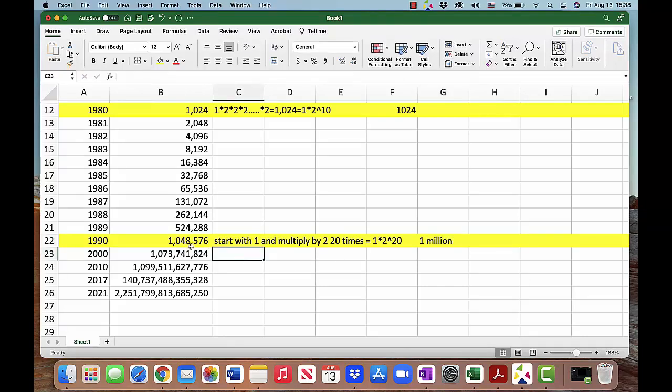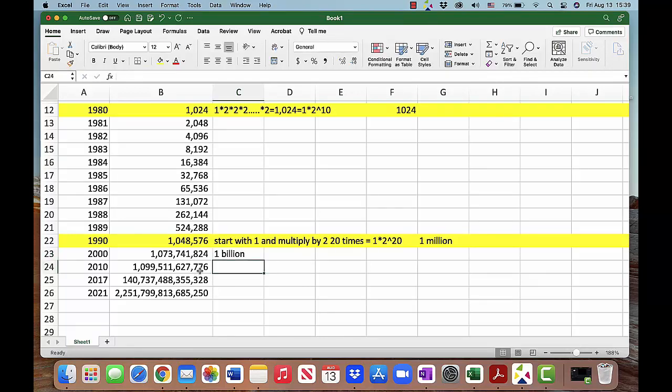A million has 2 periods, which is 6 digits right after the 1, not zeros but 6 numbers. This one has 3 periods. Each one is 3 digits, so it's 9 digits after the 1, which makes it a 10 digit number, in billions. So this is 1 billion.